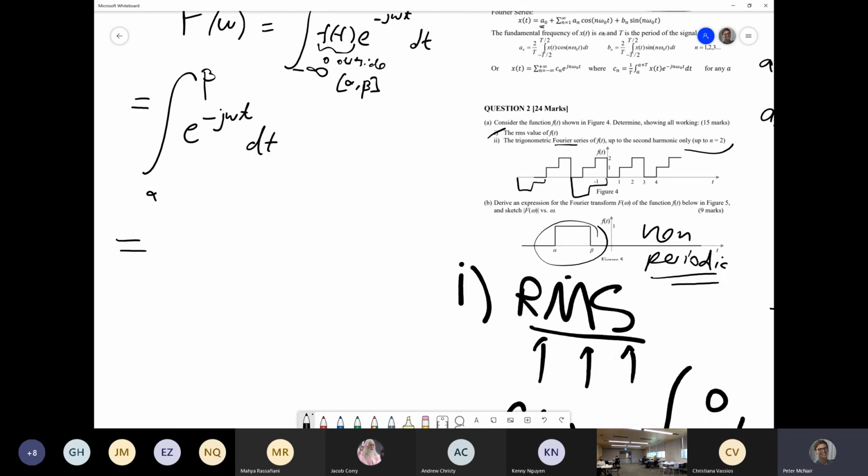So we know how to integrate e, just treat j as a constant.